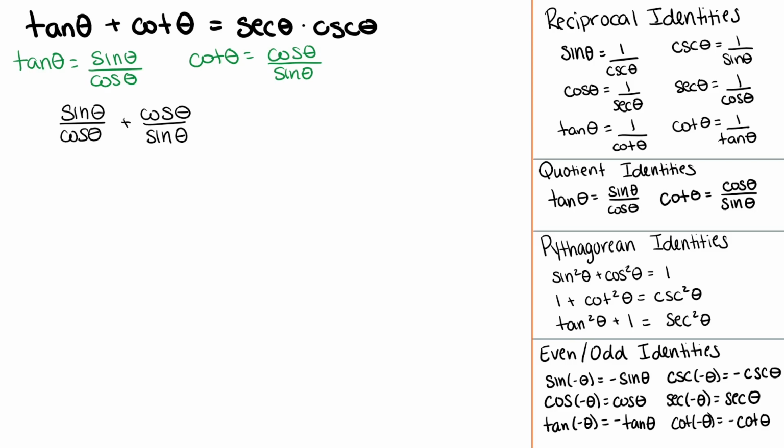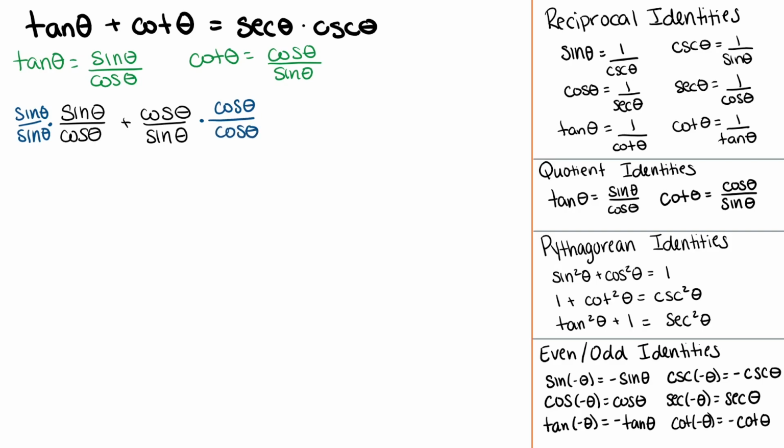Now from here, we want to combine this fraction, so we need a common denominator. Our common denominator is going to be sine times cosine. So we're going to multiply our first fraction by sine over sine, and our second fraction by cosine over cosine.